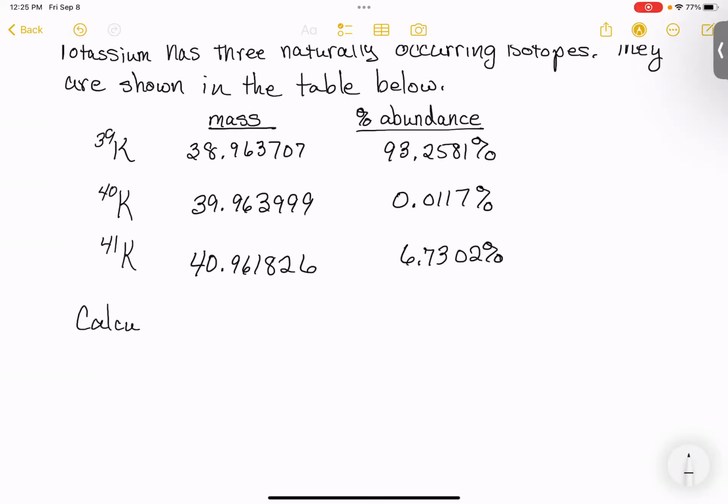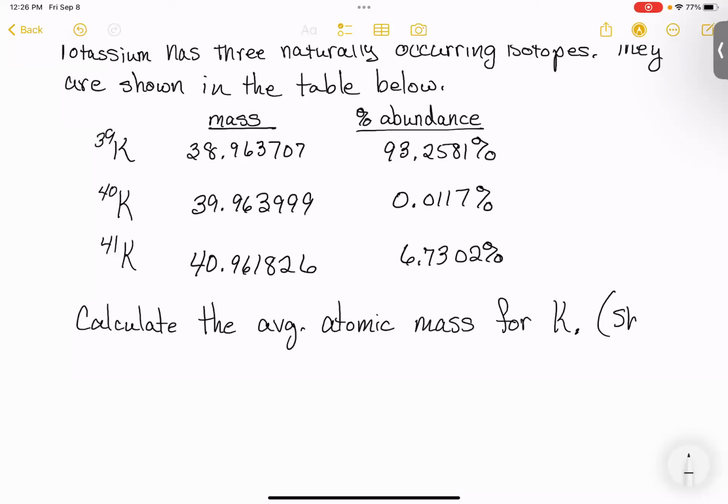Calculate the average atomic mass for potassium. And I always say, show your work.